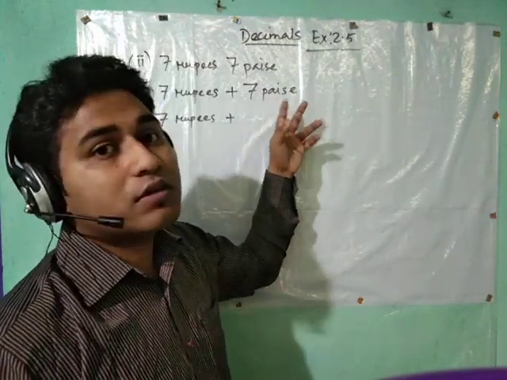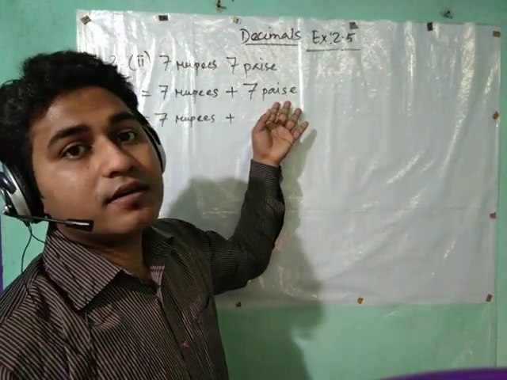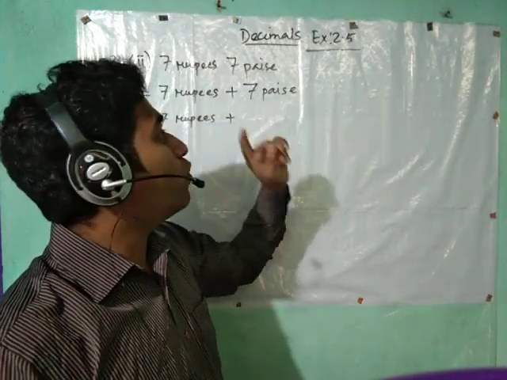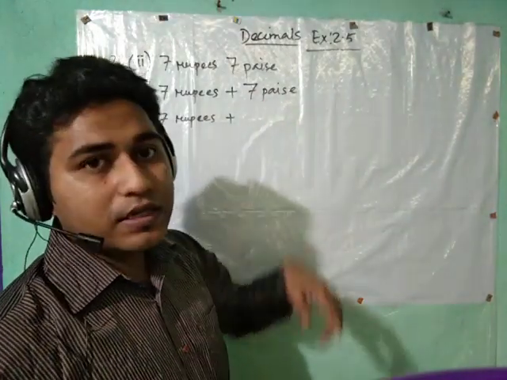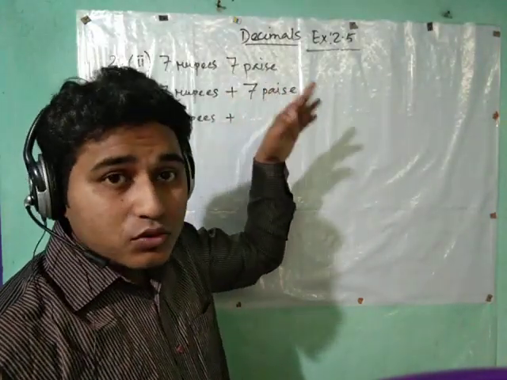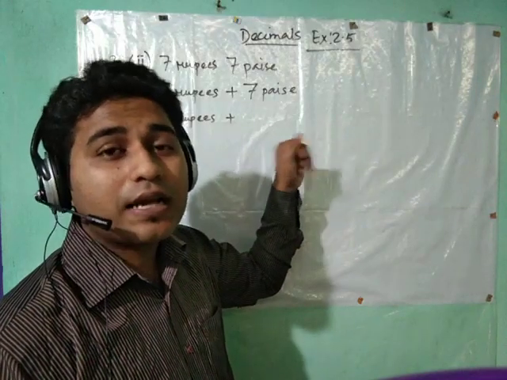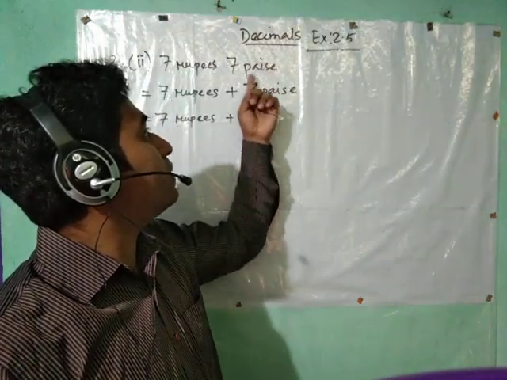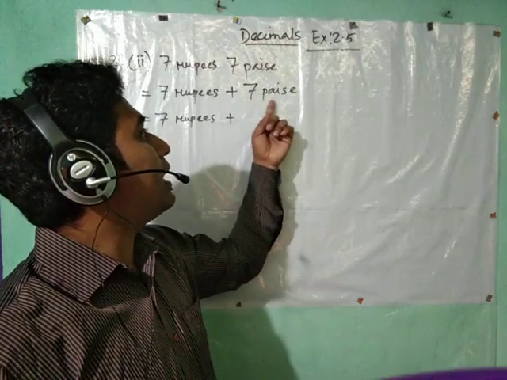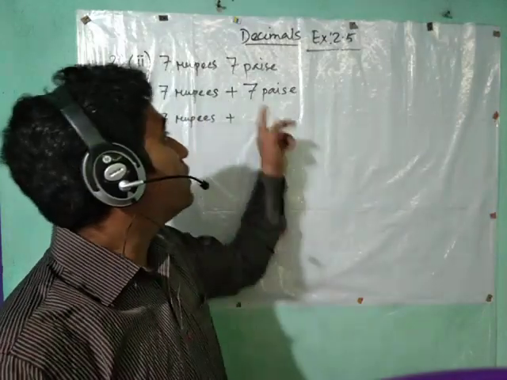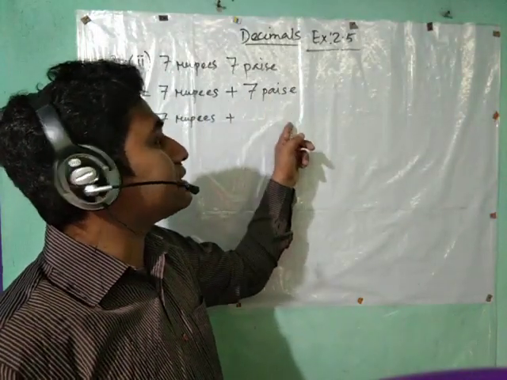That means you are going to convert a smaller unit to a larger unit. Whenever you convert a smaller unit into a larger unit, what happens? The numerical value along with it, you have to decrease it, because the unit is getting larger.